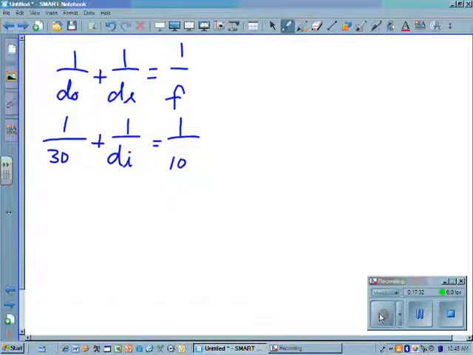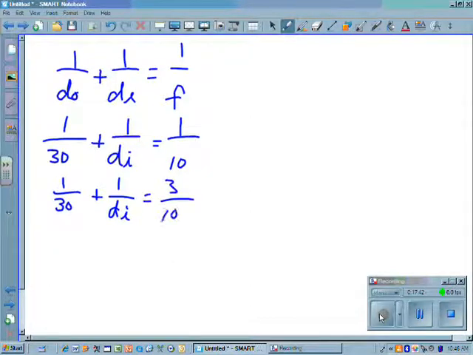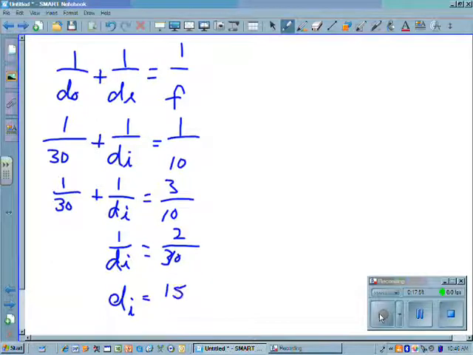So what's going to be the common denominator? 30. So I'm going to put it as 3 over 30 here. That gives you an image distance of 2 over 30 rather. And so your image distance ends up being 15.